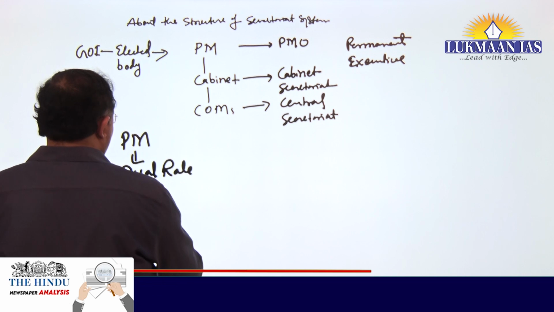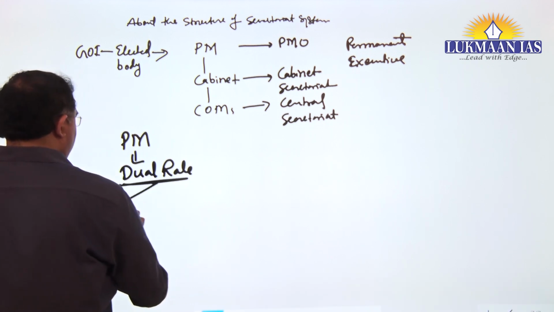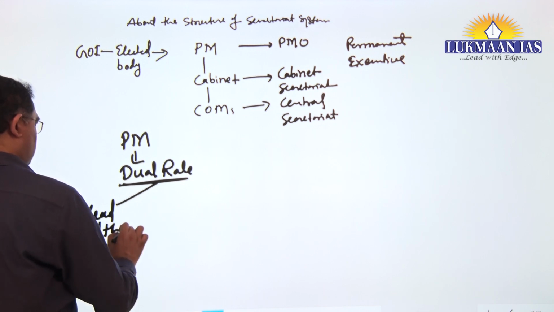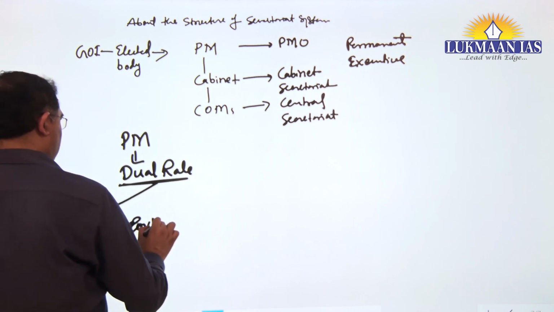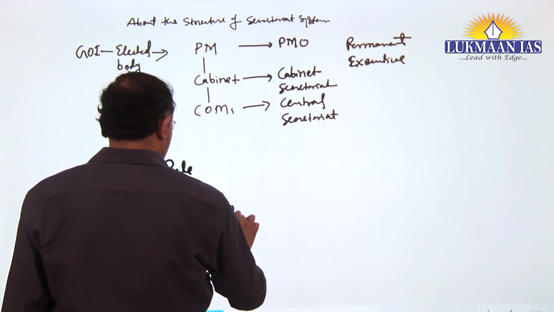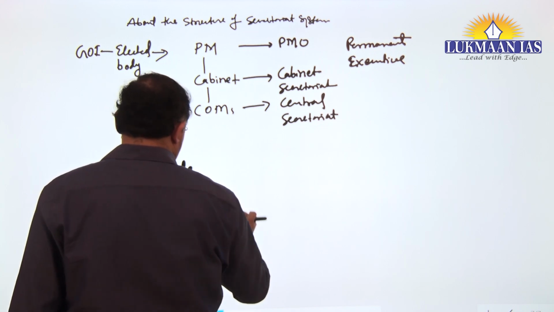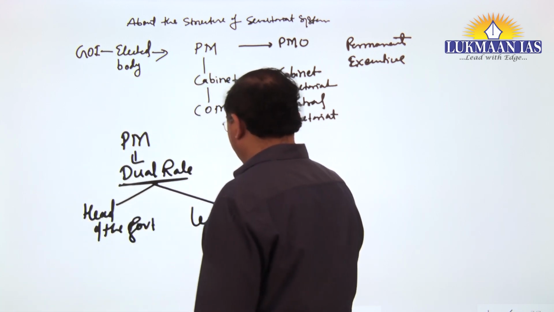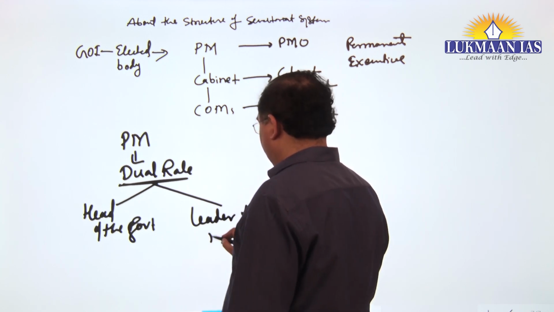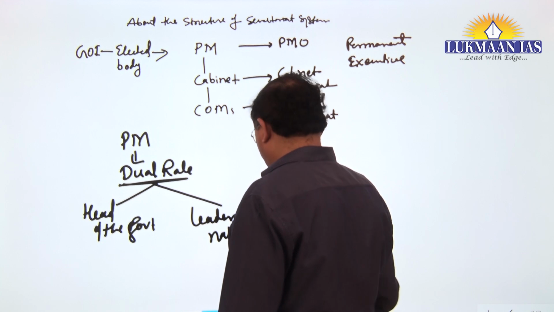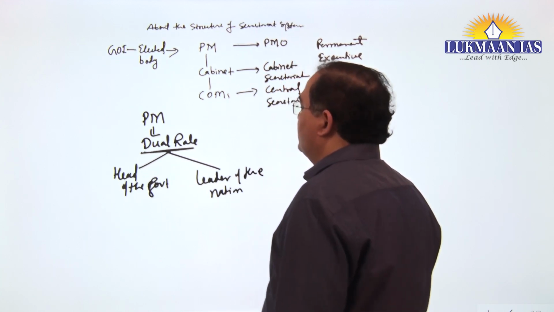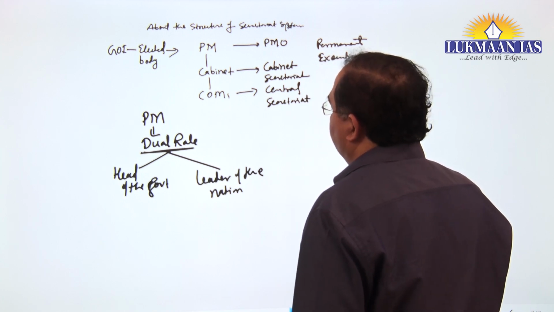He performs a dual role: one as head of the government, and second as leader of the nation. So he is the head of the government and he is the leader of the nation.